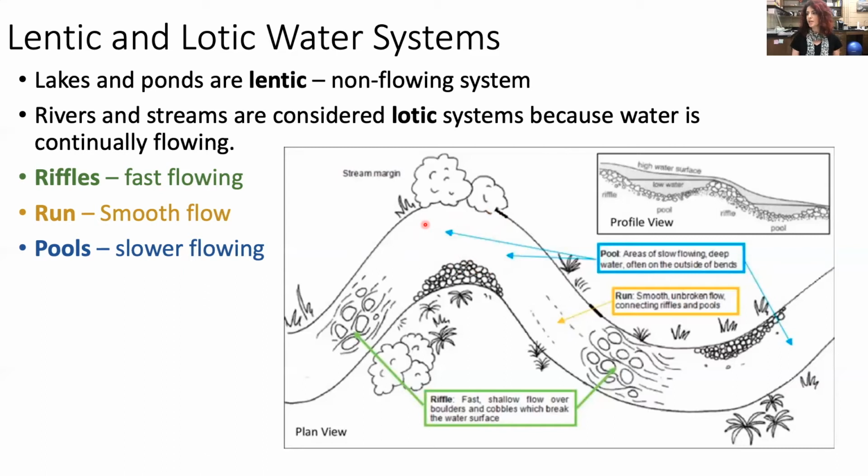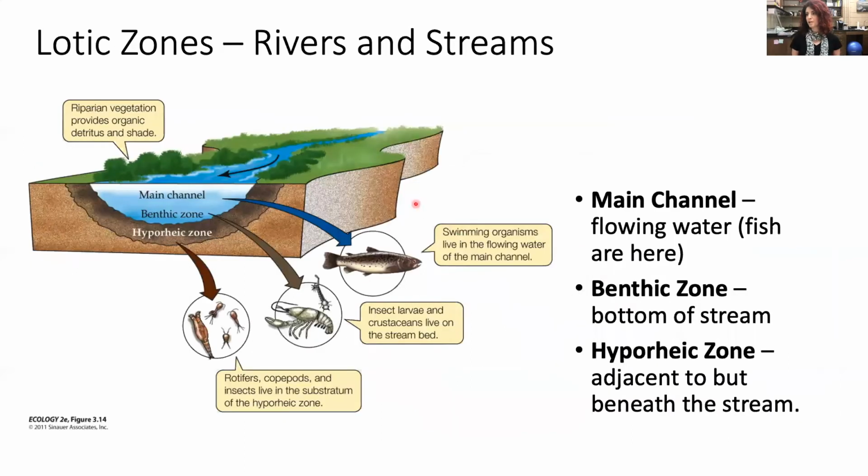We also can take a look at this in another dimension, and that is the depth dimension. So here is just a cartoon schematic of a lotic zone. This could be a river or it could be a stream. We have the riparian zone that borders the water body.